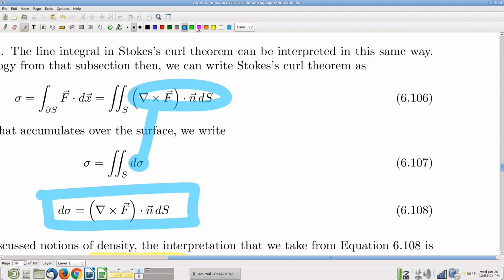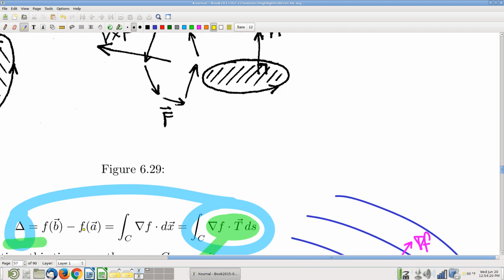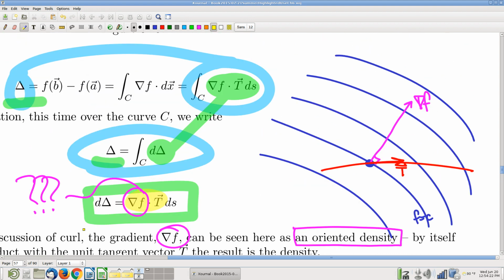And again, you notice we have this idea of the density being a dot product. The density is a dot product with the unit vector describing the orientation of your piece of your domain. Because the unit tangent vector, when you're talking about a little bitty piece of curve, tells you what direction you're going. Look, there's change happening, but the change is happening in this direction. You're kind of going the wrong direction, and this kind of accounts for that.